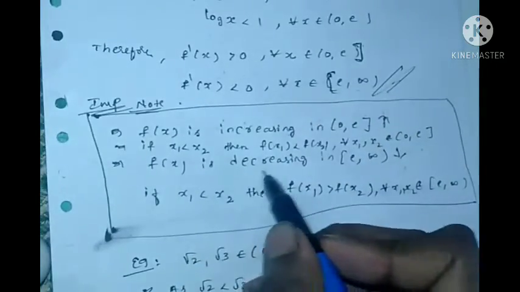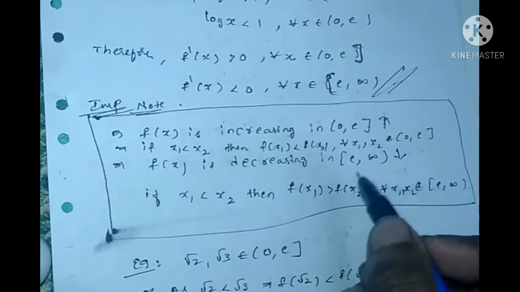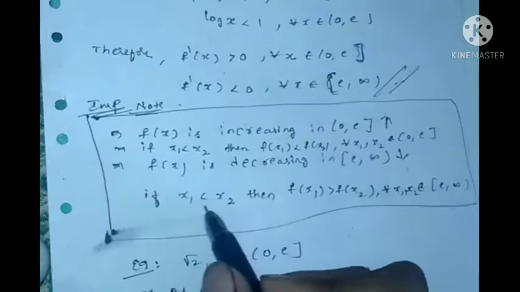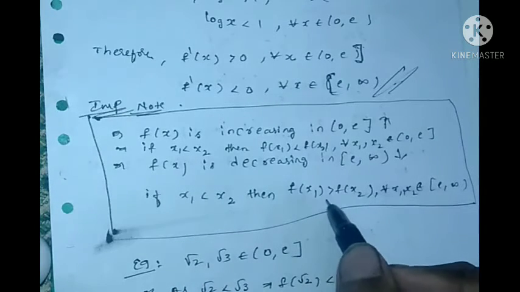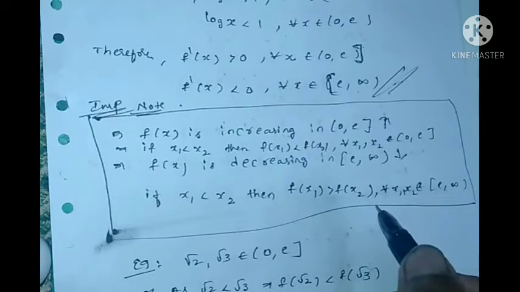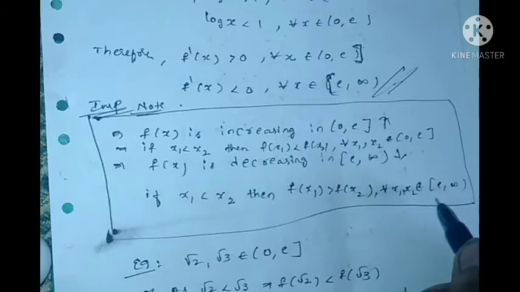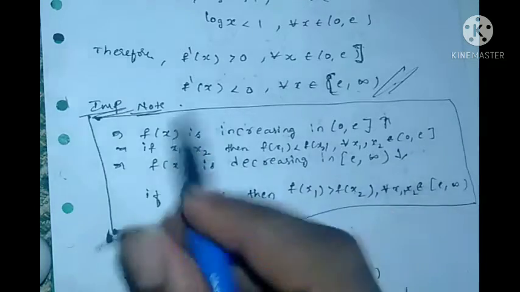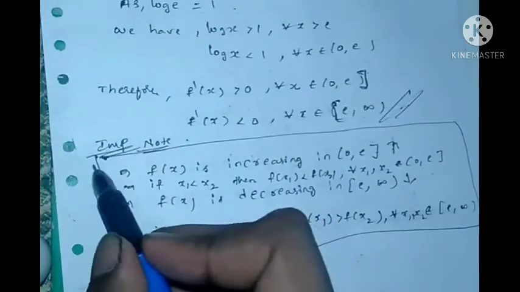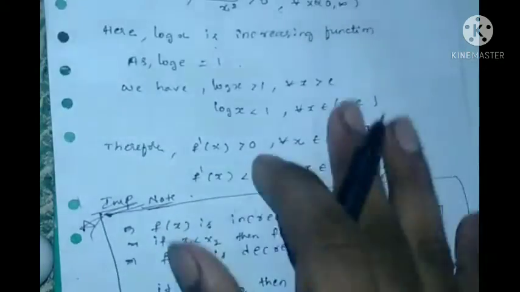And f of x is decreasing in closed e comma infinity: if x1 less than x2, then f of x1 greater than f of x2 for all x1, x2 belongs to closed e comma infinity.